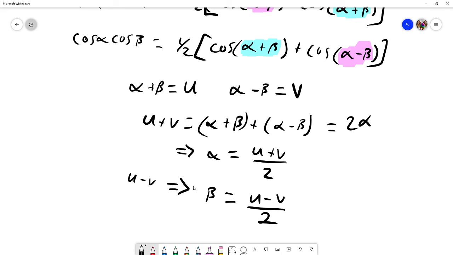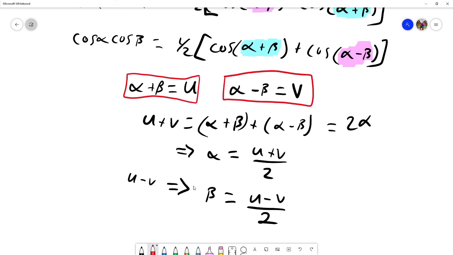So now we have the sum and difference of alpha and beta equaling u and v, and we have a representation of alpha and beta in terms of u and v.